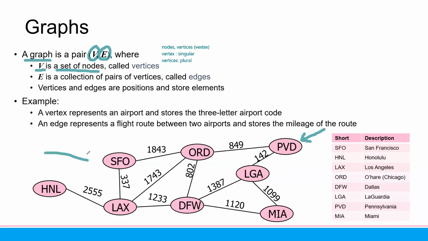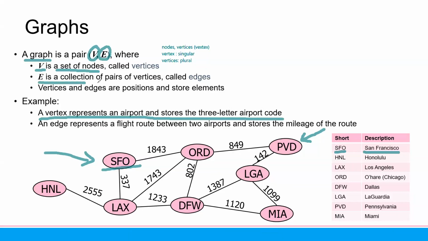In this example, a node is an airport. The vertex represents an airport and stores the 3-letter airport code. So for example, SFO. The meaning of this SFO is the airport in San Francisco.